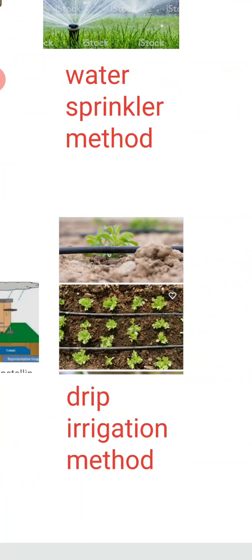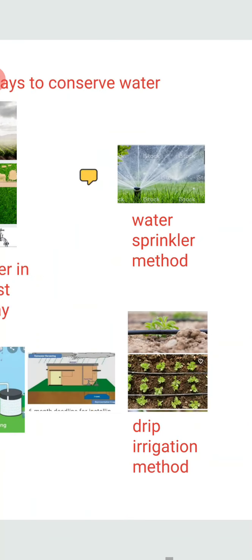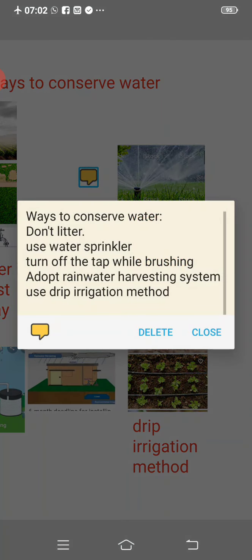It saves water and fertilizer by allowing water to drip slowly to the roots of the plant, as you can see in this picture. That is known as the drip irrigation method. Construct more multi-purpose projects. As you can see here, these are also some ways to conserve water.